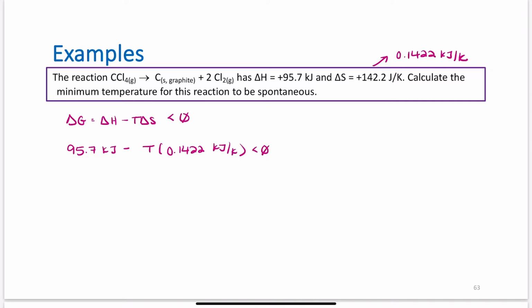Go ahead and move. You're going to have negative T times 0.1422 kilojoules per Kelvin less than negative 95.7 kilojoules.